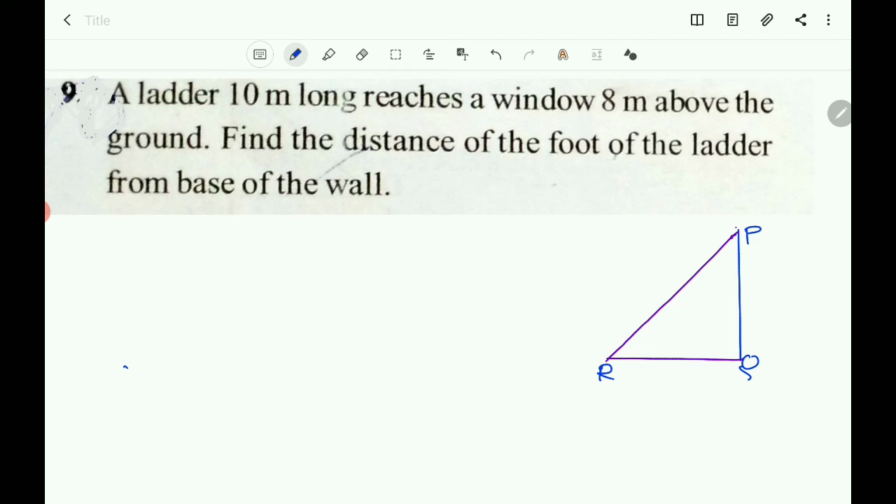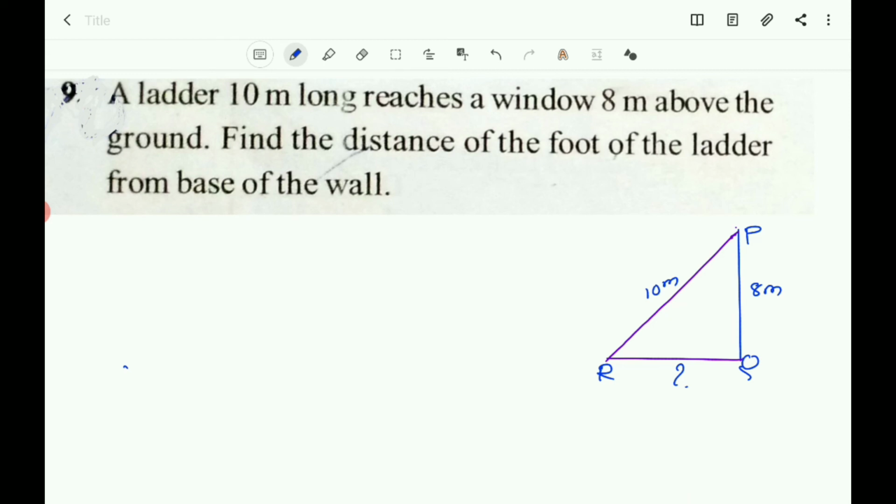The length of the ladder is 10 meter, and it reaches the wall at a height of 8 meter, the window. Next, what you have to find out? The distance of the foot of the ladder from the base of the wall.